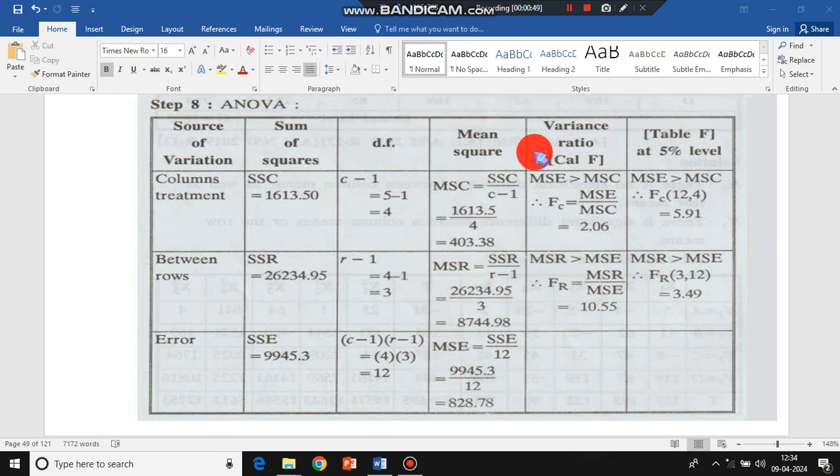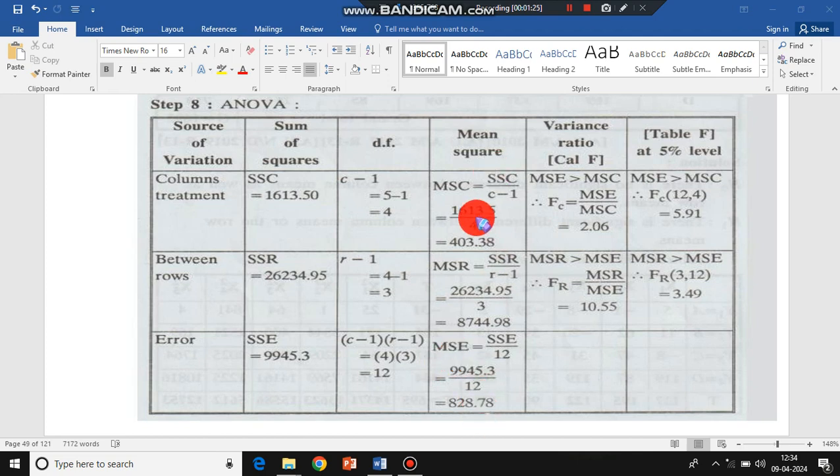So now how to find out the calculated value of F? We have to find the calculated value as well as the table value. The calculated value for column wise is obtained by comparing the mean square column wise value and the mean square error value.